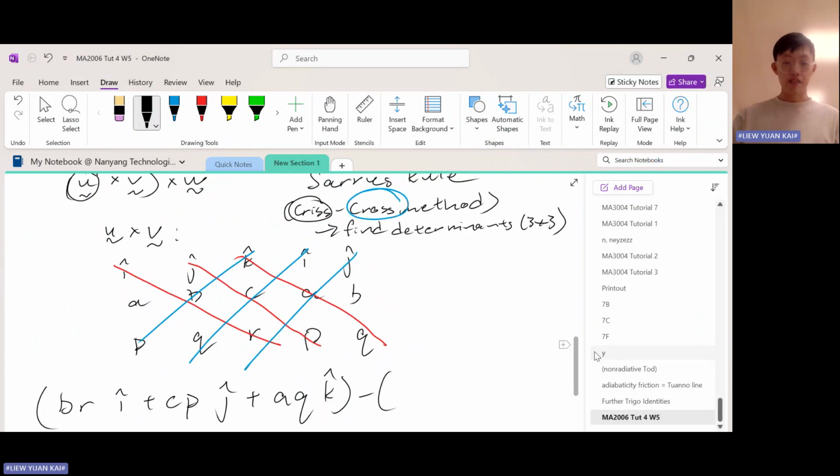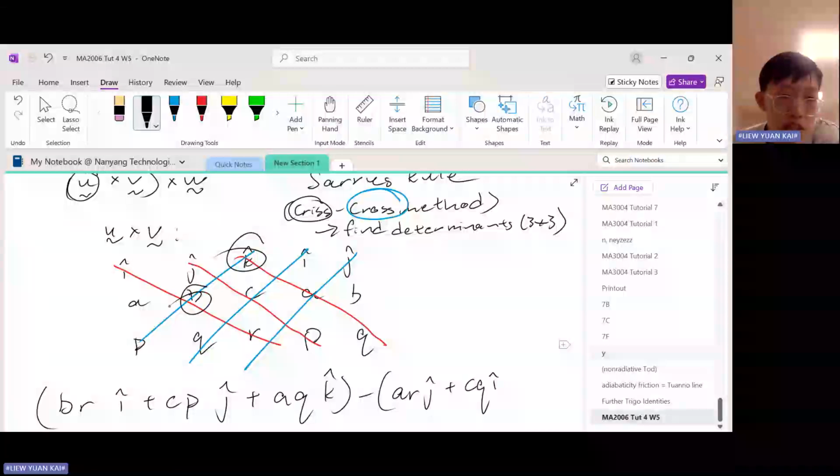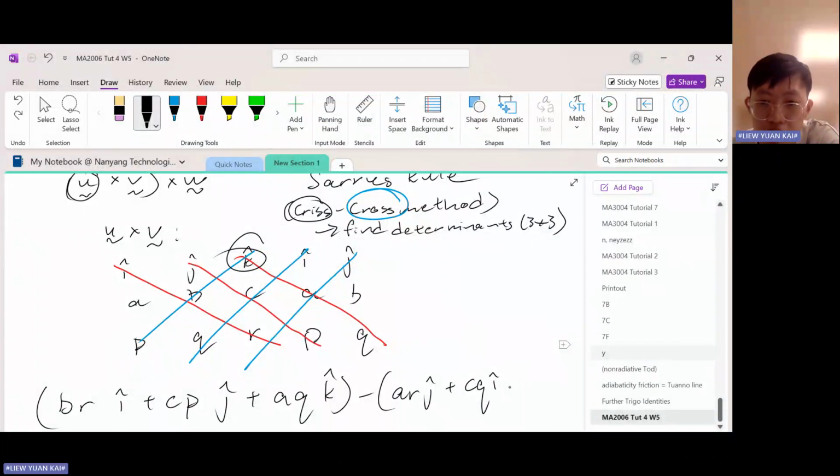Again, you take the product of the terms under each line. So j times a times r is ARJ, plus i times c times q is CQI, then k times b times p is BPK.